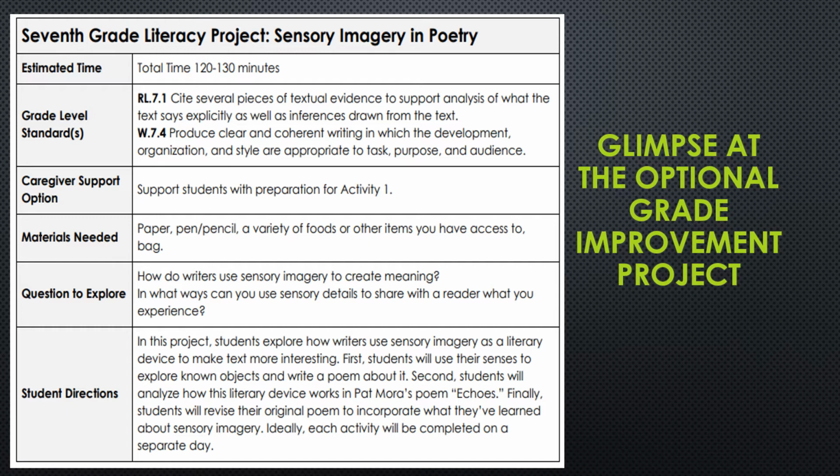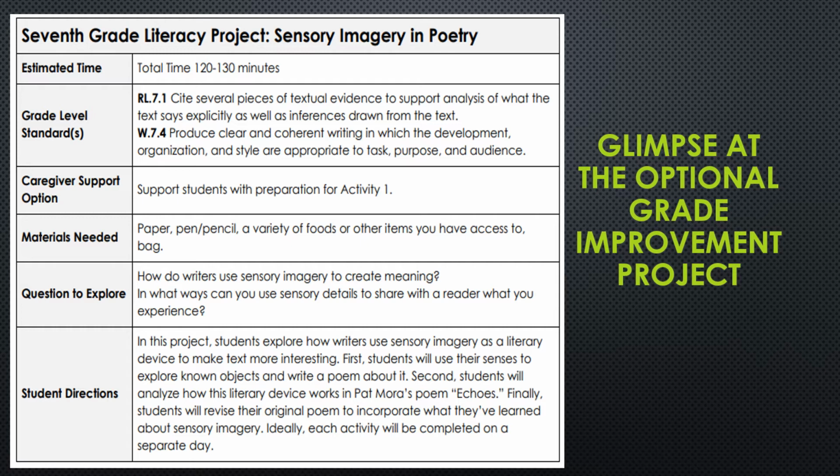Now for your directions. In this project, students explore how writers use sensory imagery as a literary device to make text more interesting. First, students will use their senses to explore known objects and write a poem about it. Second, students will analyze how this literary device works in Pat Moore's poem, Echoes.